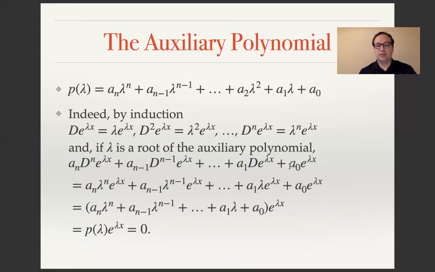And then we have plus a0 e to the lambda x, because a0 is times y with no derivative. And then we factor e to the lambda x from everything. And we get an lambda to the n plus an minus 1 lambda to the n minus 1 plus etc. all the way to a0 times e to the lambda x.